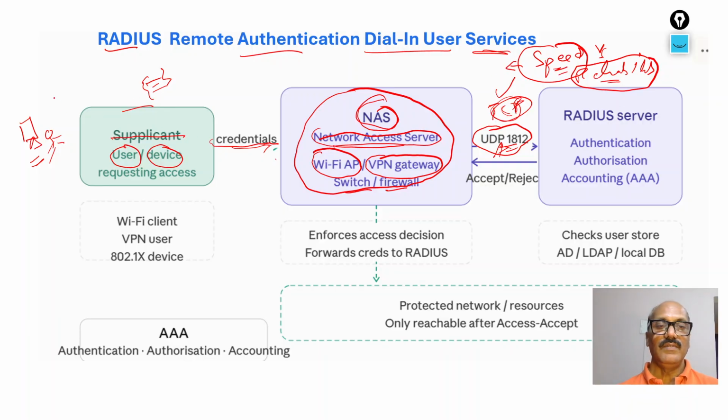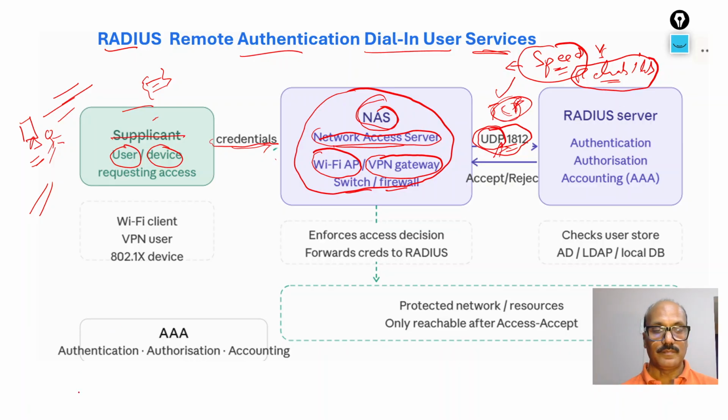When thousands of users are connecting, multiple devices, multiple users. Every second you have so many login requests coming, thousands at one go. If you use TCP, it will slow down. Therefore, UDP is used to accommodate successful logins. That is why UDP is a faster protocol, and that's why it is used.